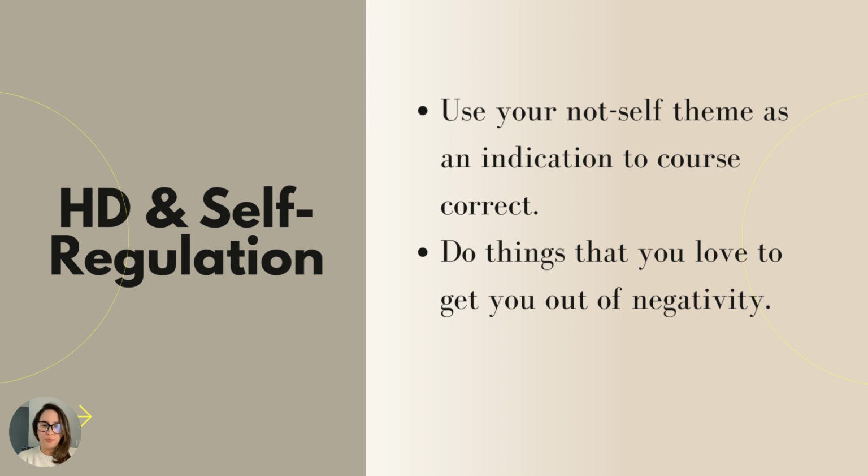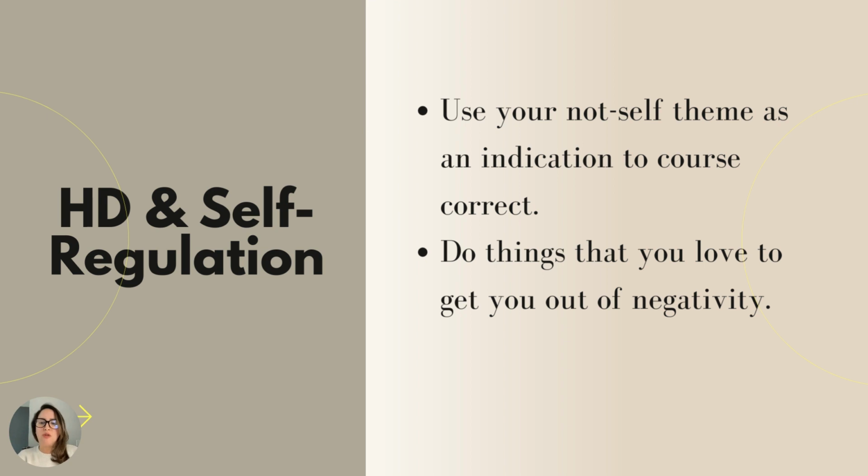For the projector, it is bitterness. And for the reflector, it is disappointment. So your not self theme is the first indication that you are not in alignment. So take time to figure out where your energy is leaking so that you can course correct, make an action plan, and work towards buttoning up all of those leaky areas.